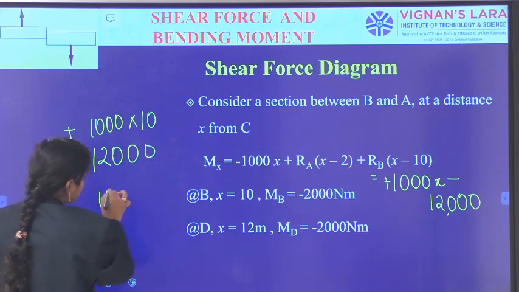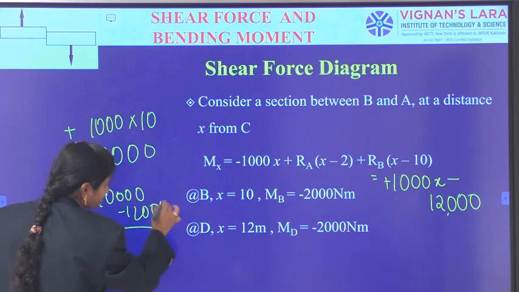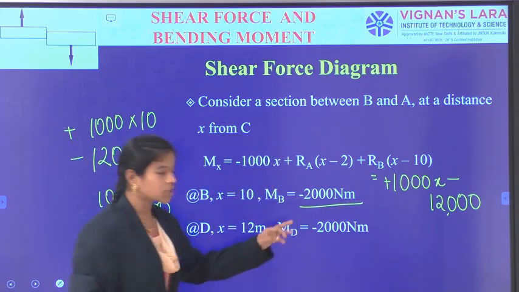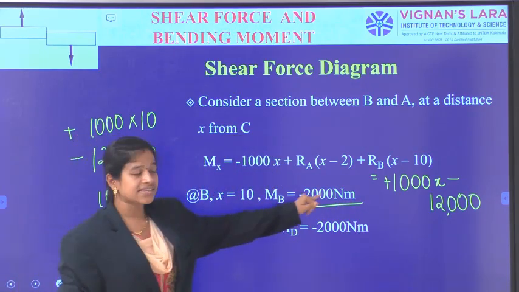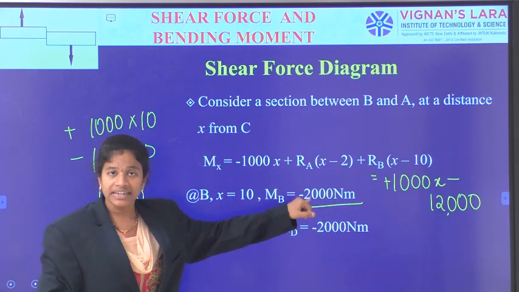As it is 10,000 minus 12,000, I can say, which is minus 2,000 Newton meter. So this minus 2,000 Newton meter is the answer for bending moment at B.